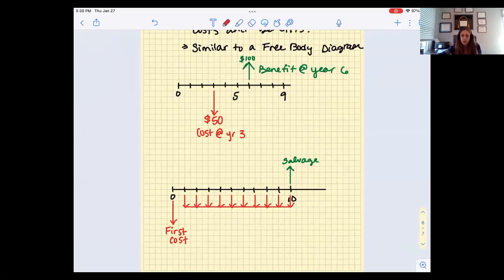It's helpful to connect the dots to tell your audience that they're all the same. And then you would label it as O&M, operations and maintenance cost.